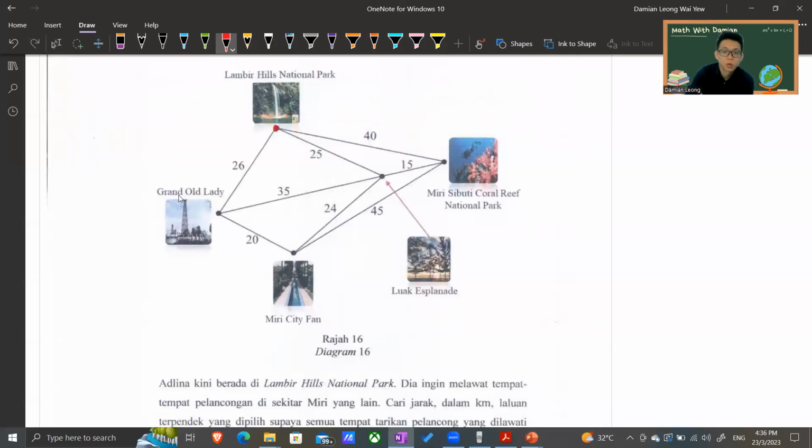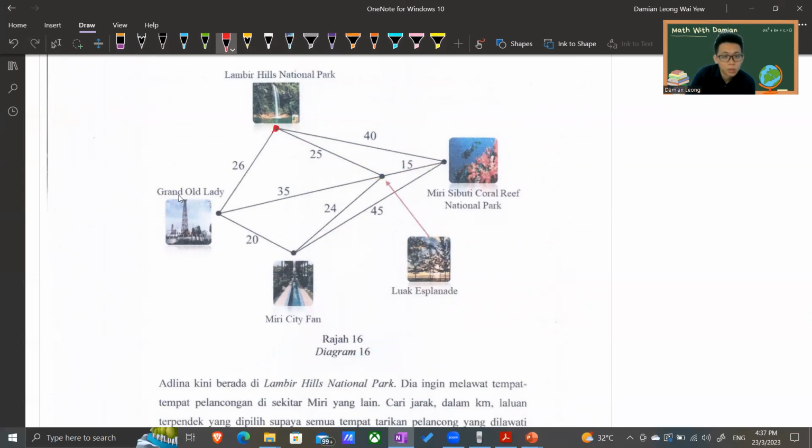Okay. So you want to visit all the places. If I go here, then I will have to take this long way unless I come back. But it doesn't really make sense to come back to the center.